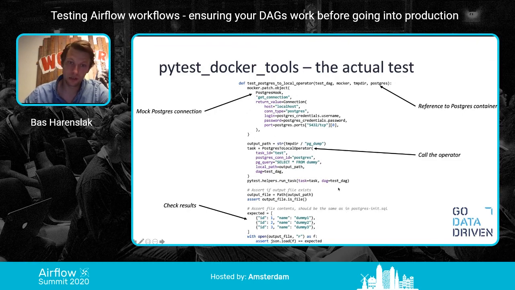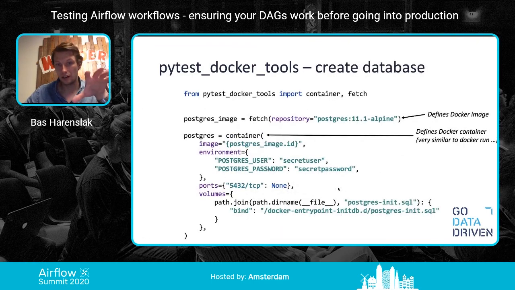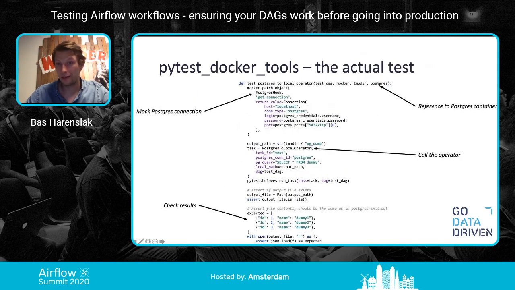Since we're using this, these are actually fixtures. I've assigned this container fixture to the variable named postgres. And then we provide it as an argument here, and Pytest will see, okay, you're starting this test with the fixture postgres, so we'll spin up a Postgres container in the background.